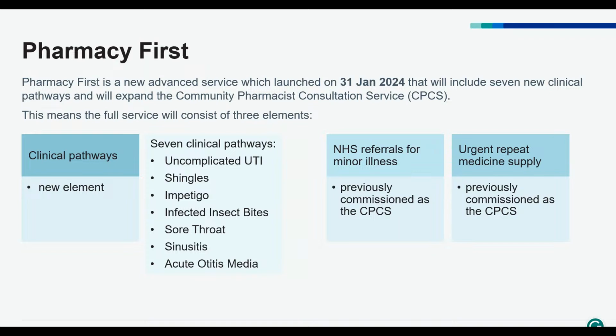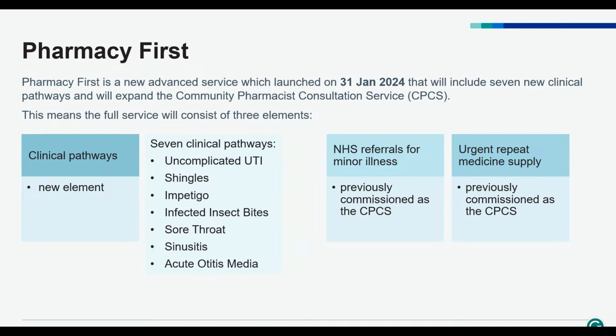Those two parts of the service will continue, but will now be under the banner of Pharmacy First. The new element is the bit on the left, which is referred to as the 7 clinical pathways. They are these 7 conditions that pharmacies will now be able to issue prescription only medication for via PGD under certain circumstances.